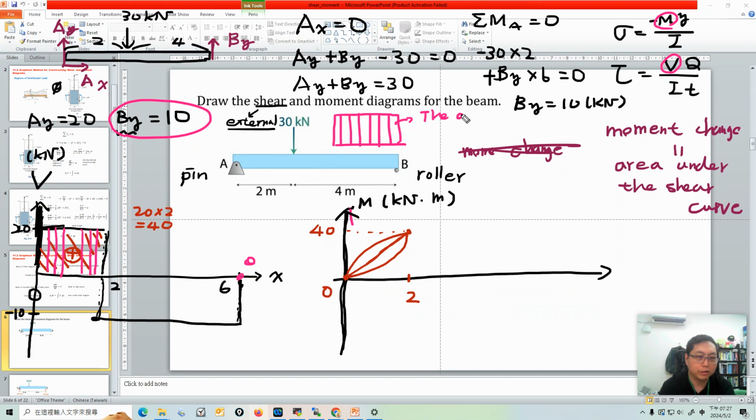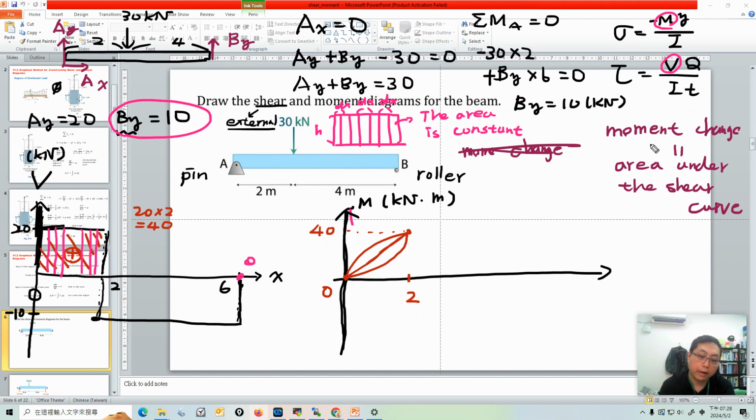Actually, I should say the area is constant, which means each slice, each tiny area, is the same. Each tiny area is the same because we have the same height and the same dx. This is all dx. We have the same height and the same dx, so the area is constant.